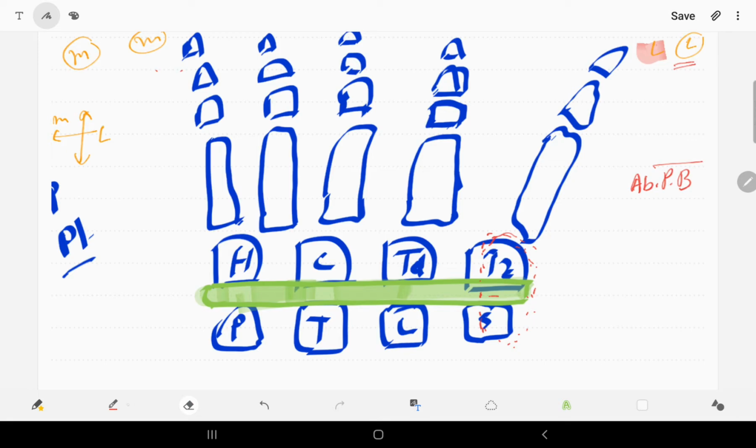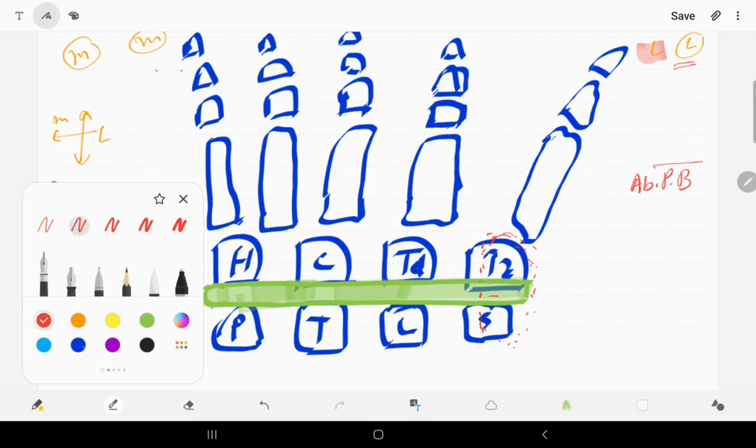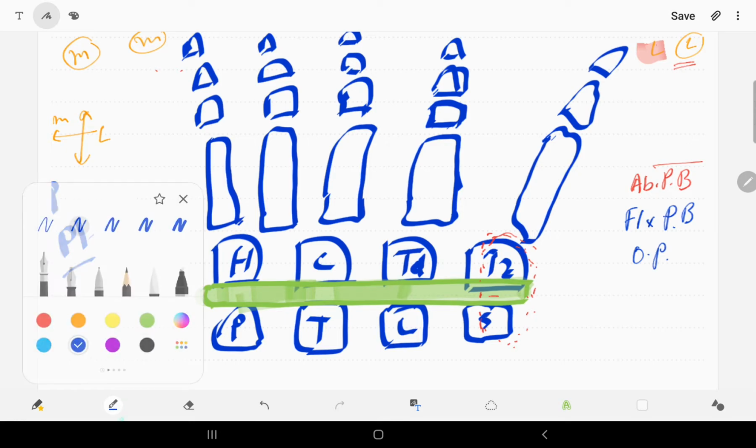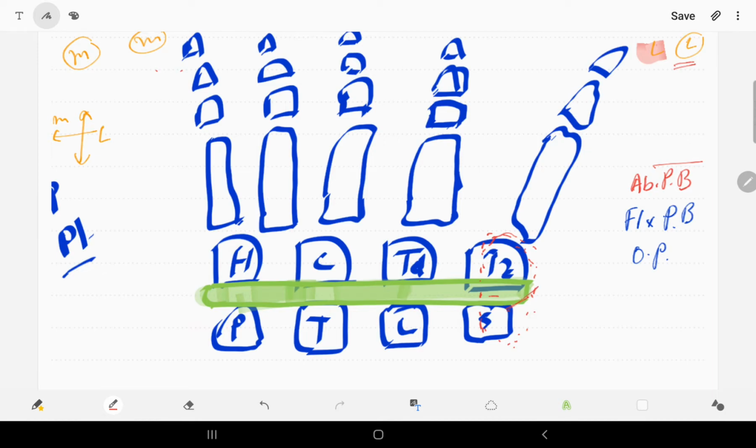Next one is your flexor pollicis brevis, and another one is your opponens pollicis. These three muscles. Origin of abductor pollicis brevis: this is the most outer origin, most externally.